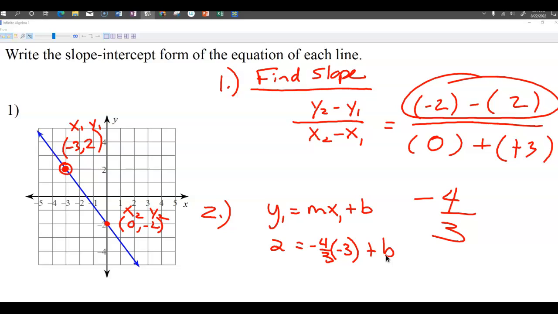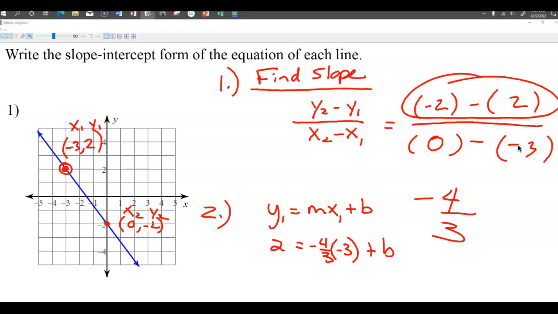Oh wait, no, I did the other one. You can use either point. You can do x2, y2. That's fine. So originally we had this, but when you subtract a negative, that's like adding. So I just changed it to 4.